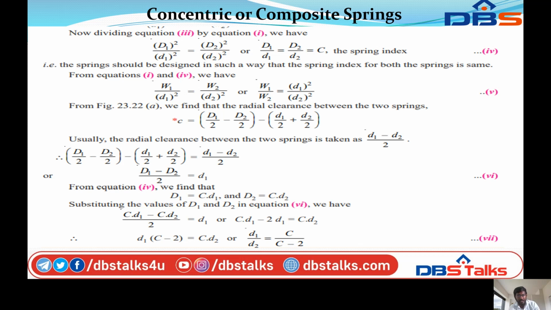So d1 is common, and d1 by d2 is equal to C by C minus 2. This is equation number 7. So this is the concentric or composite springs.